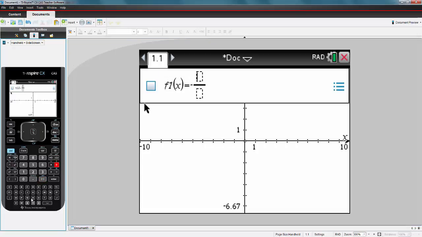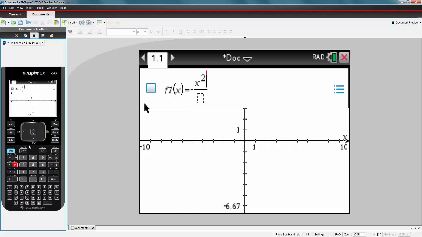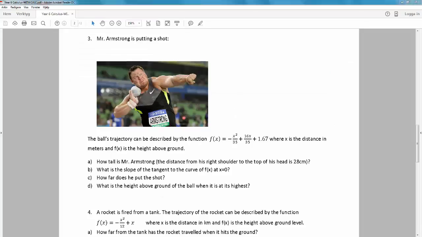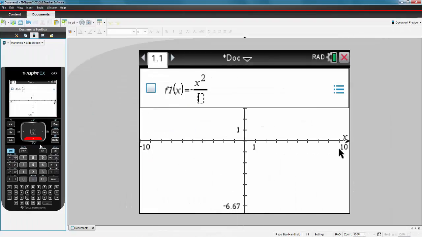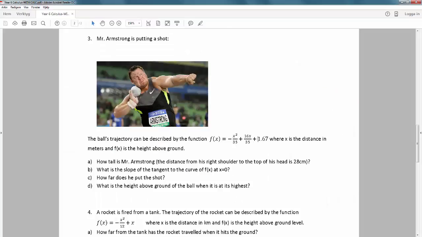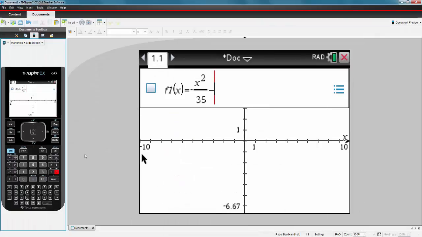So this is a fraction, x squared divided by 35, plus 16x over 35.